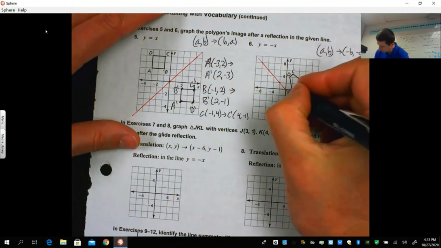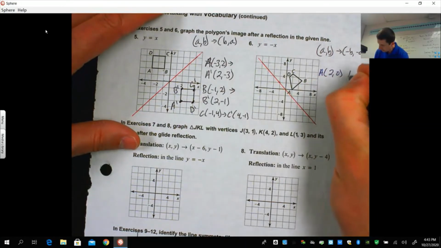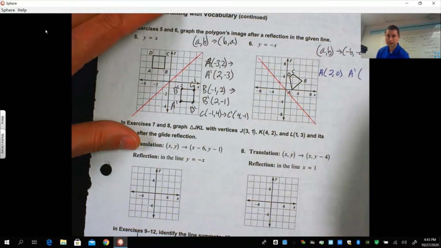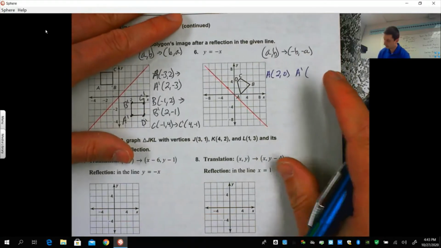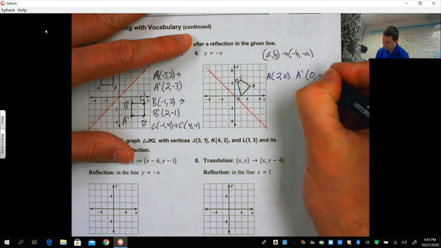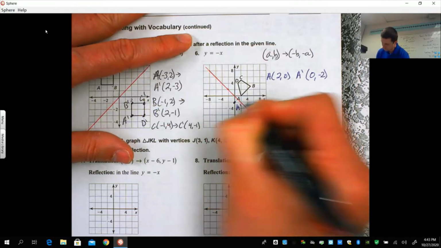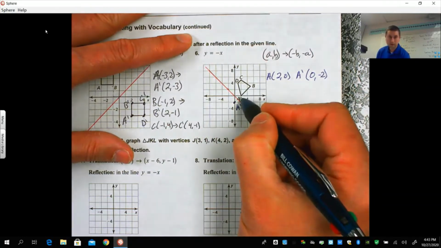Okay, so A, we're counting by 2. So A is at 2, 0. A prime, then, switch them and take the opposite of it all. So it's going to be 0, negative 2. Don't put negative 0. A prime is going to be 0, negative 2 right there. Looks like the same distance away from the line as A.